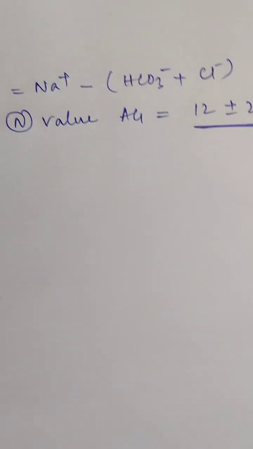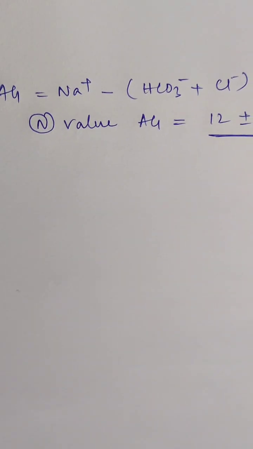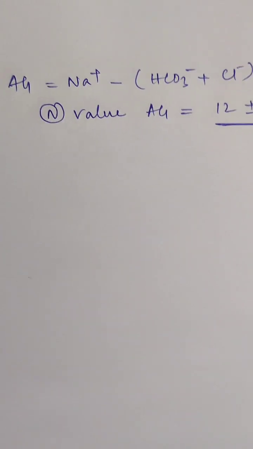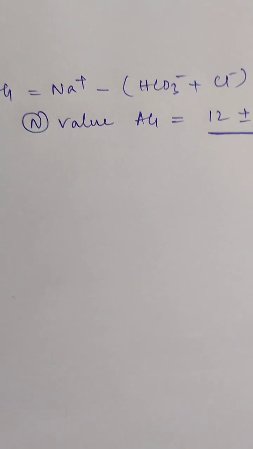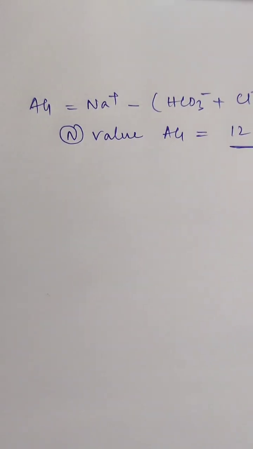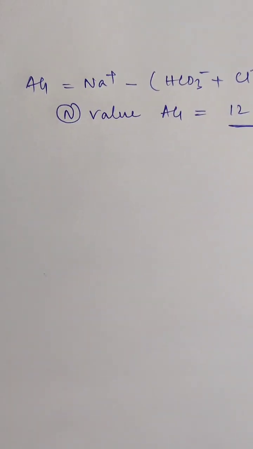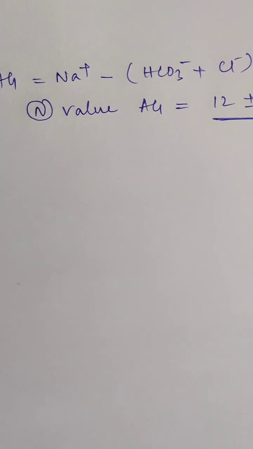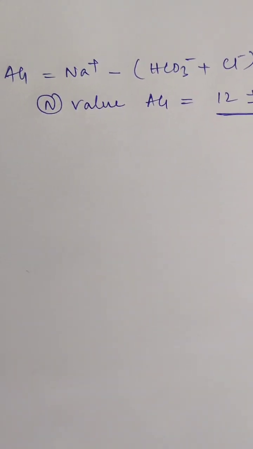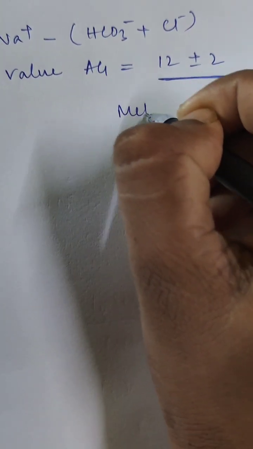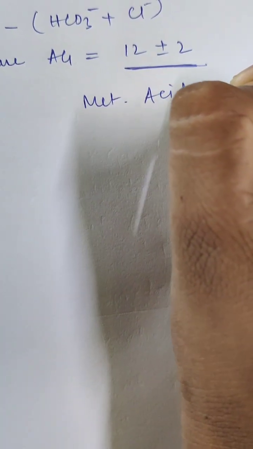The concept of anion gap will only come if the diagnosis is metabolic acidosis. If my diagnosis is metabolic acidosis, then only I will calculate anion gap. If my diagnosis is any other than metabolic acidosis, the concept of anion gap will not come. So only in case of metabolic acidosis will we calculate anion gap.